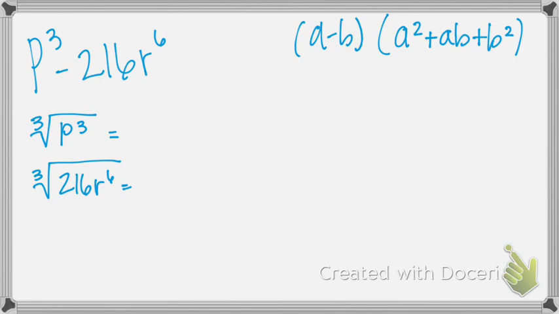So if it helps you, go ahead and put a 1 right there. So what's the cube root of 1p? We're just going to be left with just a p. Because we take our power, which is 3, we divide it by our root. 3 divided by 3 is 1, so we have 1p left. Okay? Is p the same thing as 1p? Yeah.